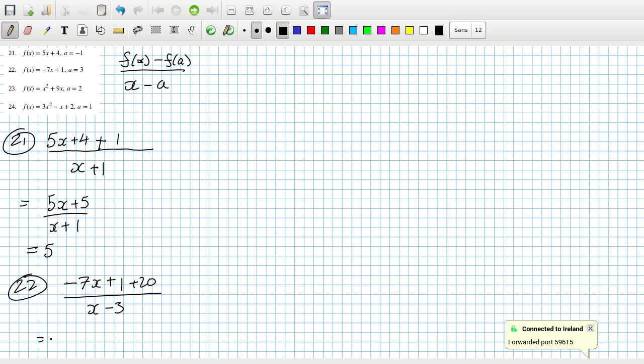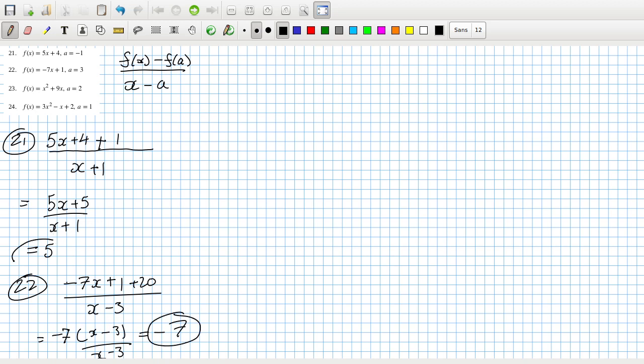So on the top you can take out the minus 7, and that's x minus 3 over x minus 3. So that's minus 7. Okay, so far it doesn't really matter too much about the formula, because the secant and the tangent will be the same in the linear case. But let's see how 23 looks.